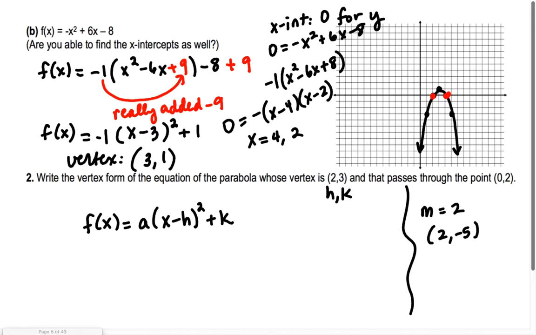Do you guys know how we temporarily plugged in for x and y to get b? I'm going to plug in y and x temporarily to find what that b is. That's what we're doing here. So we're going to temporarily plug in these 2 points for x and y.